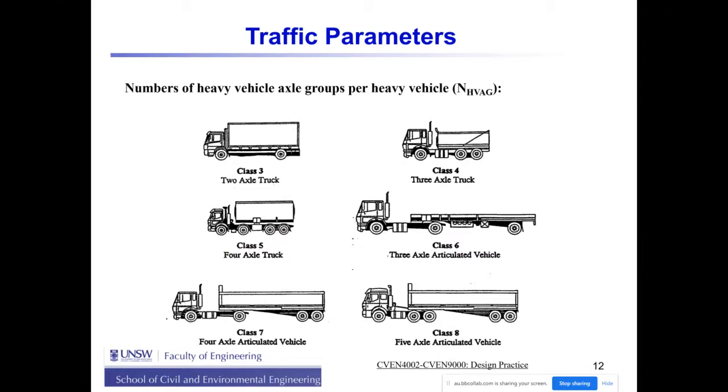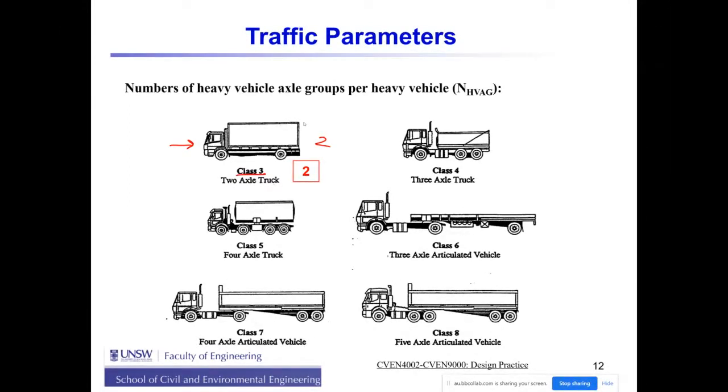It is the number of the axle groups per heavy vehicle, or NHVAG, number of axle group per heavy vehicle. And here you can see that, for example, for class 3, how many axle groups do we have for this vehicle? The number is 2, right? 2 axle groups.